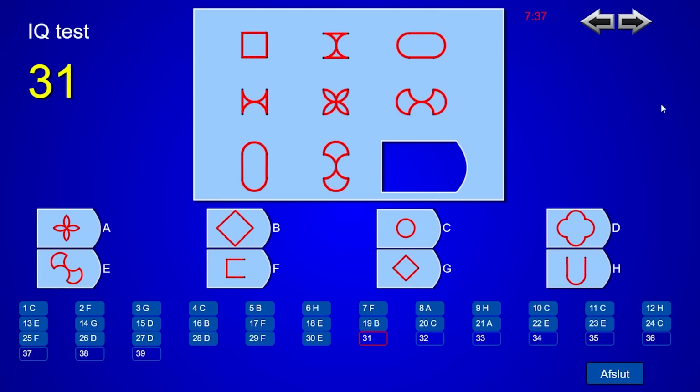This is new. We have a square, we have an oval shape, one of these shapes, one of these shapes, one of these shapes, and then a thing in the middle that also contains a lot of the same stuff.